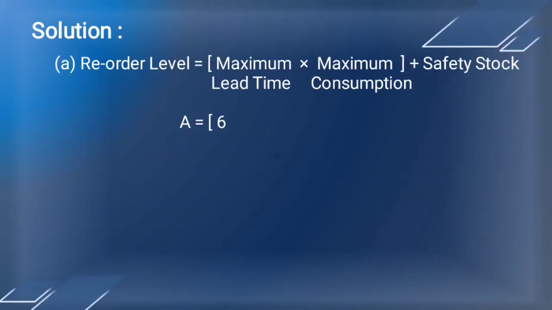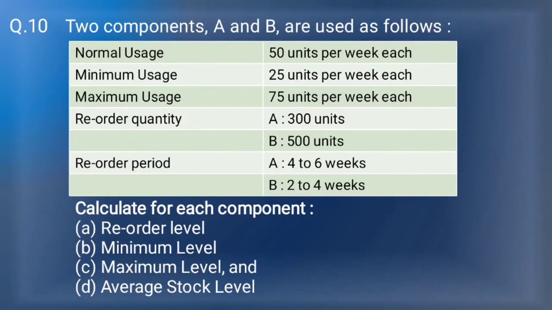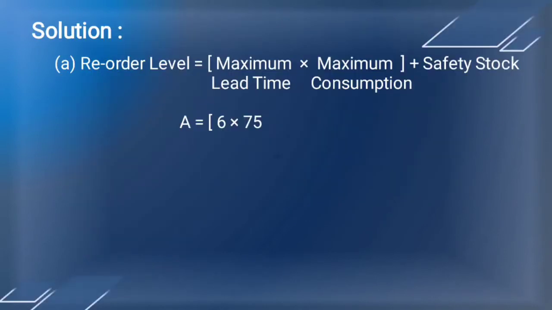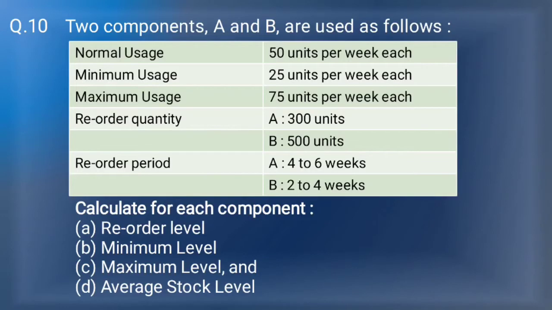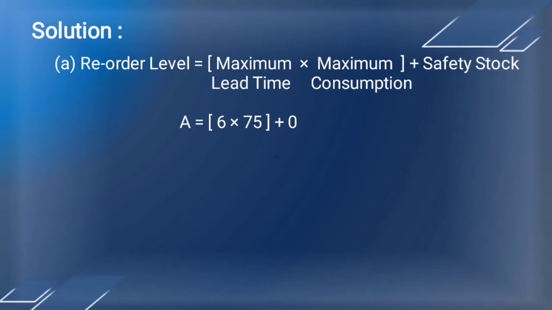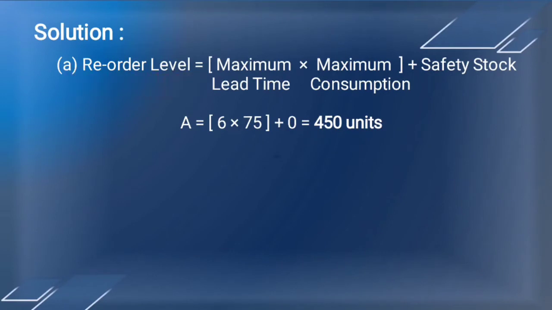So we'll record 6 into maximum consumption, which is given as 75 units per week each. So we'll record 75 plus safety stock, which is not given in the question. So we'll record 0, which will be equal to 450 units. So the reorder level for component A is 450 units.